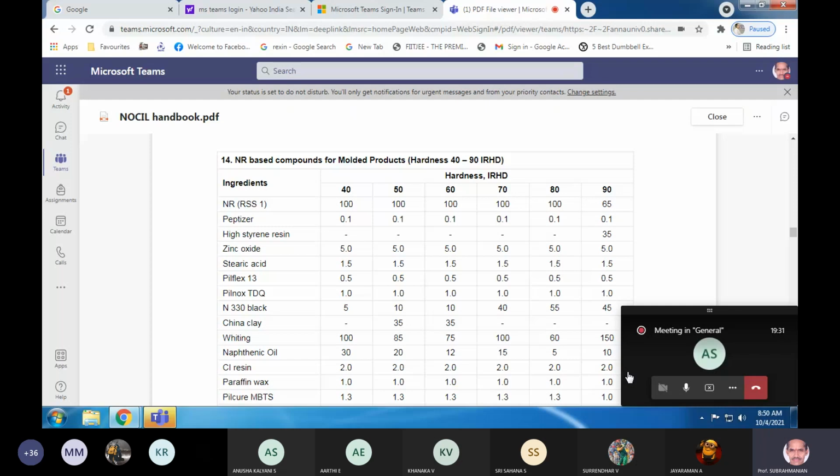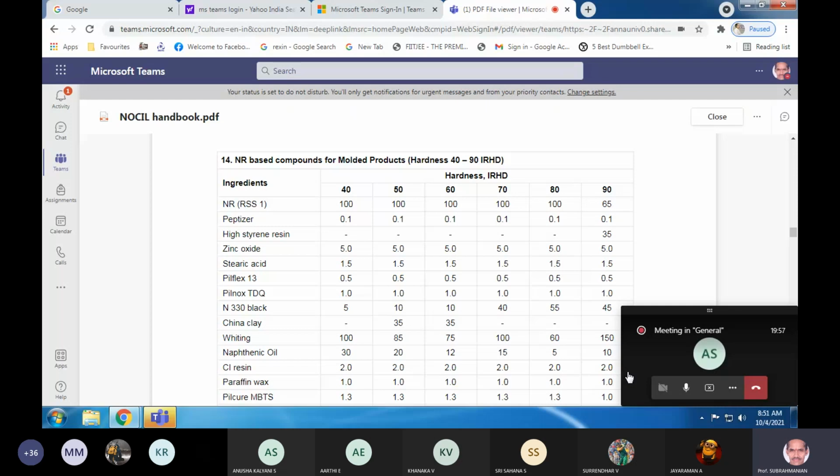So next is the calcium carbonate, otherwise known as whiting. What is its job? As we said in the initial class, simply extend the rubberiness window. Extend the rubberiness without diluting the basic properties of the rubber.